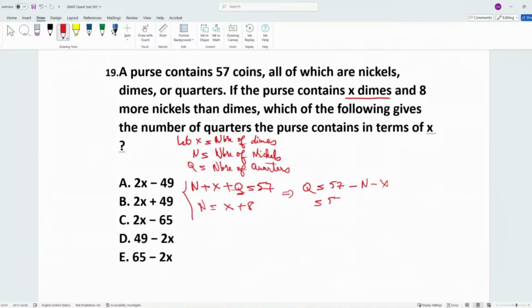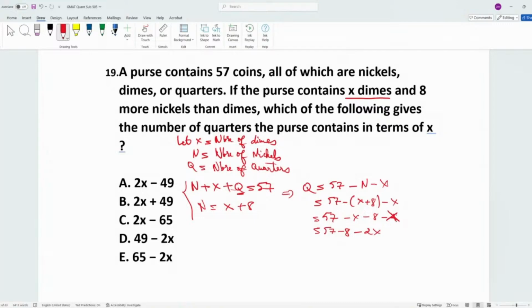So we have 57 minus (X plus 8) minus X. Then 57 minus X minus 8 minus X. Then we have 57 minus 8 minus 2x.